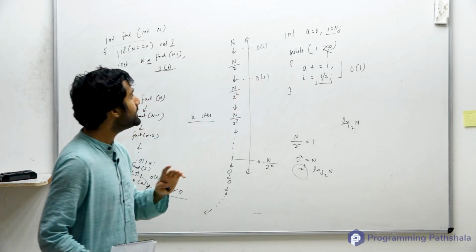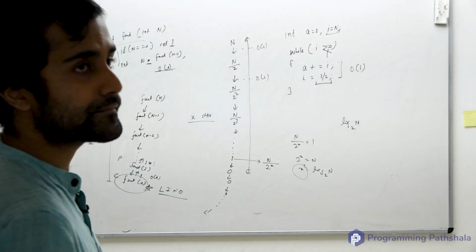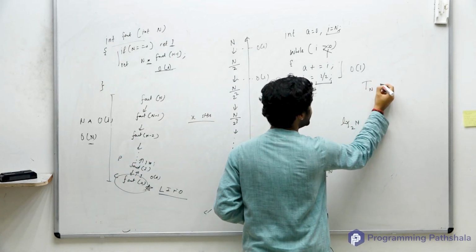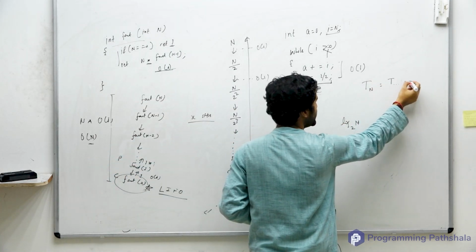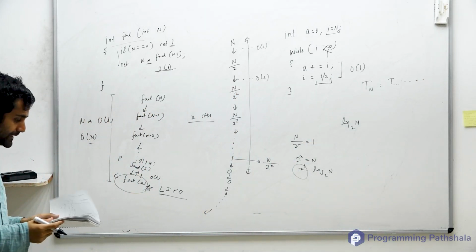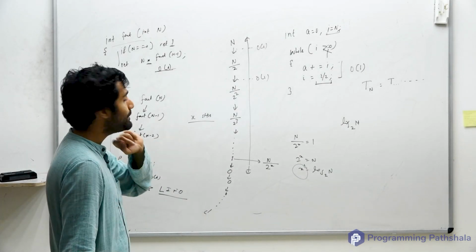Okay, can somebody talk to me about the recurrence equation of this? By recurrence equation, I mean you are trying to relate T(n) to some smaller value of T. Just think what the recurrence equation will be over here. Guys, just tell me one thing.